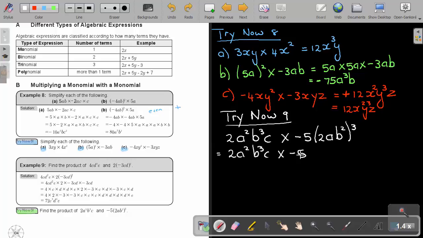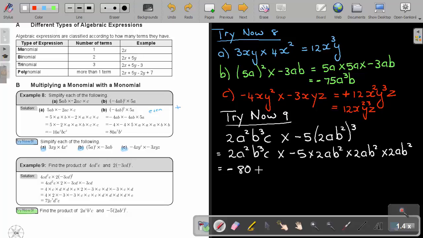So this is actually just saying 2ab squared multiply 2ab squared multiply 2ab squared. So if I multiply this, how many negative signs do you see? I just see one, an odd number, so the result will be negative. Then I start. I say 2 times 5 is 10, times 2, 20, times 2, 40, times 2, and that will be equal to 80.